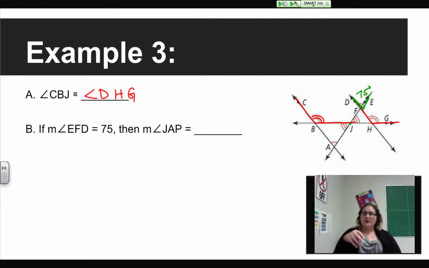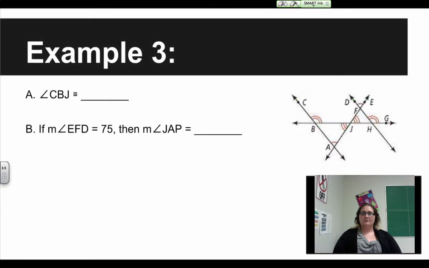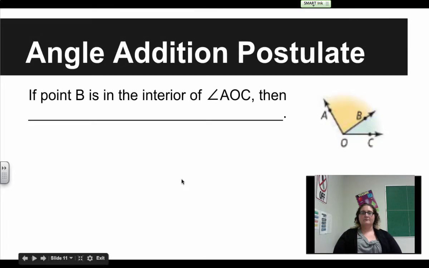So JA, and I think this should have been AP, by the way. Notice these angles are congruent to each other, so it would also be 75. They had a typo in their stuff. Or I had a typo, which is probably likely.